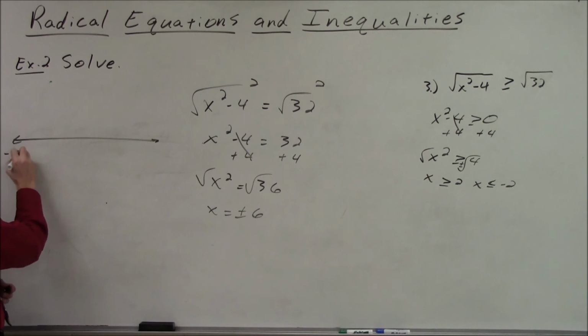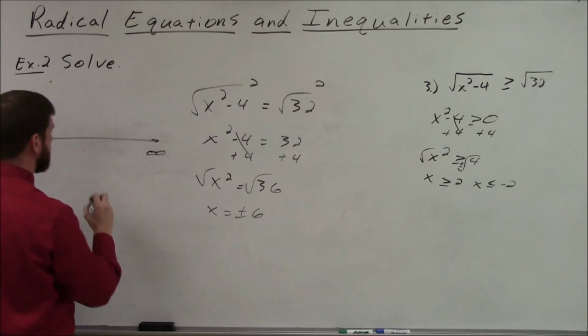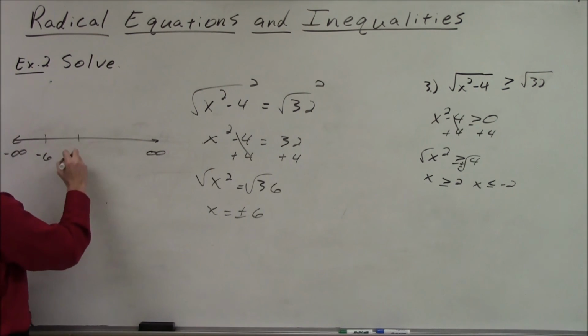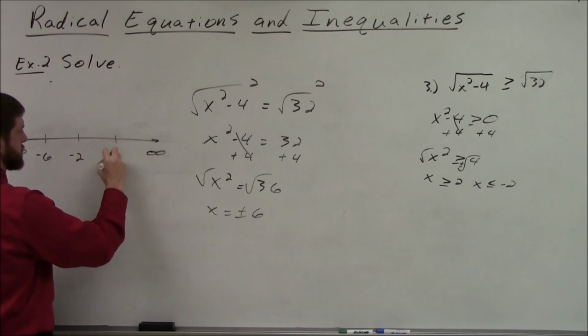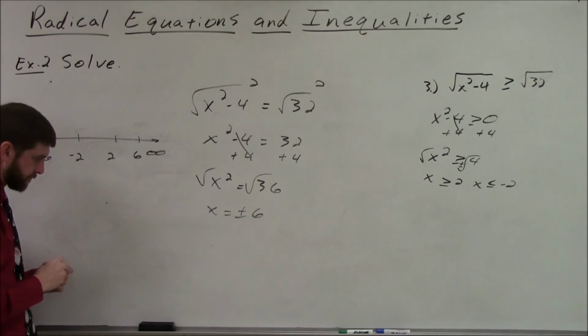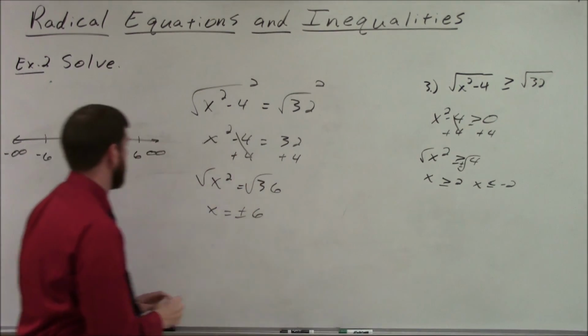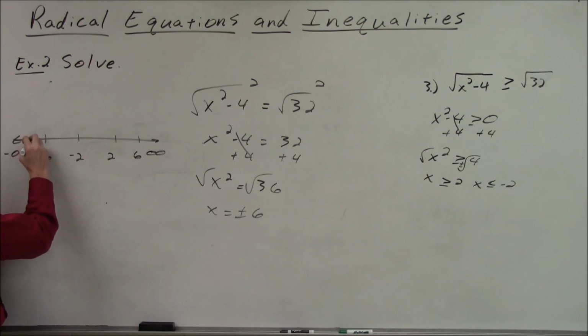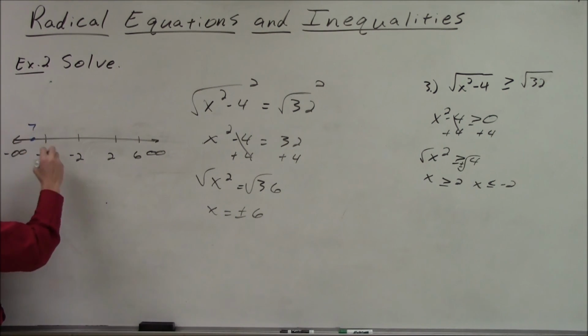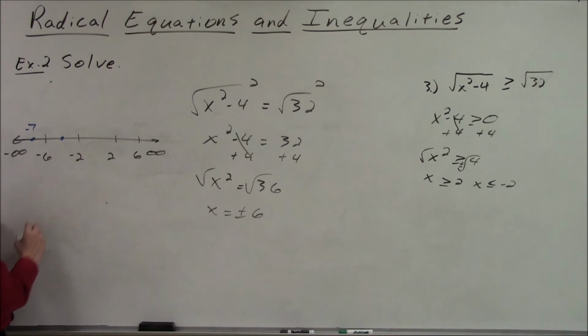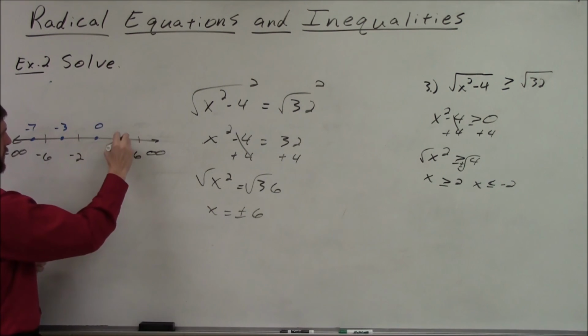So we test from negative infinity to positive infinity. I'm going to look at negative 6, negative 2, 2, positive 6. And in each interval, we could go negative 7, negative whatever you want, negative 3, I guess will work. We'll go 0 here.